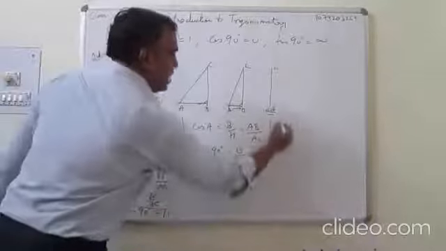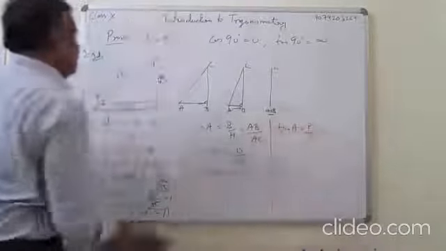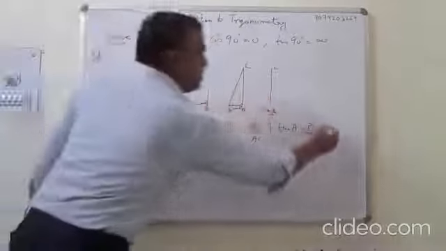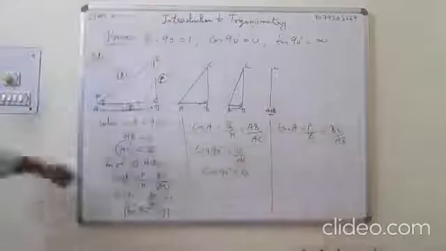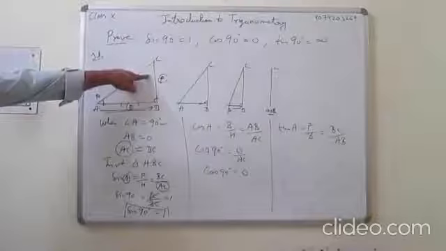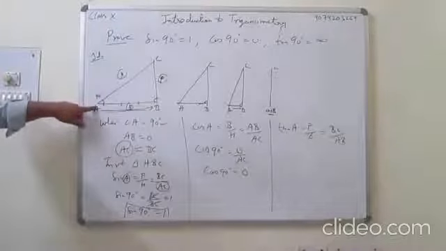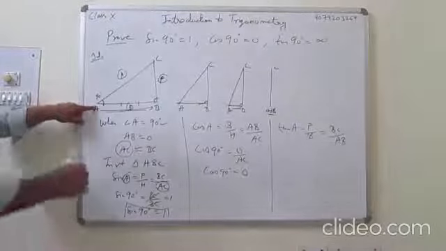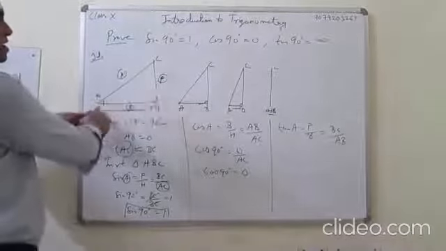Now for tan A, P upon B. What is P? BC upon AB. If A is 90, the perpendicular is BC, and what is AB?